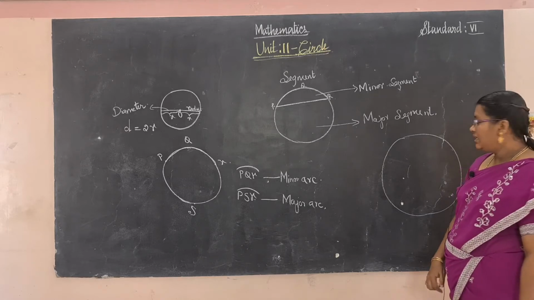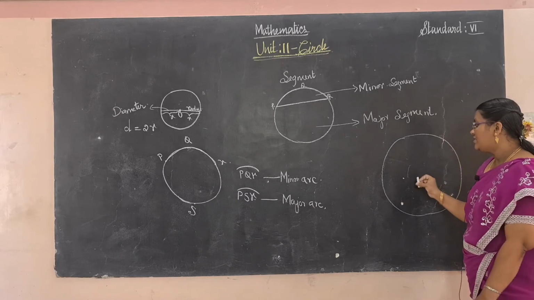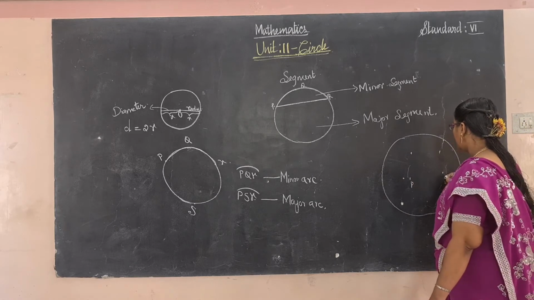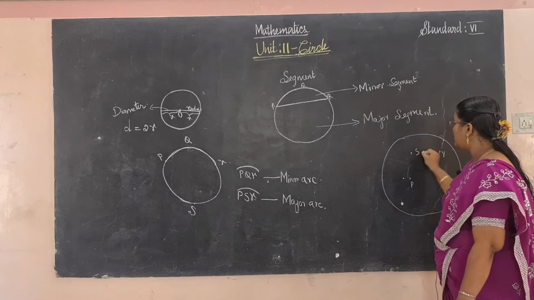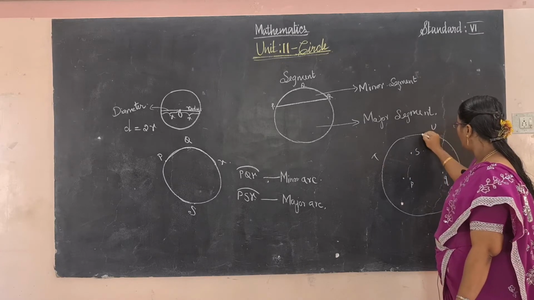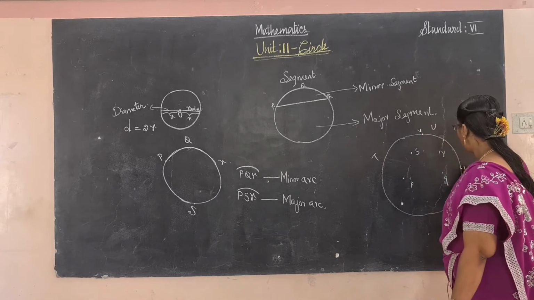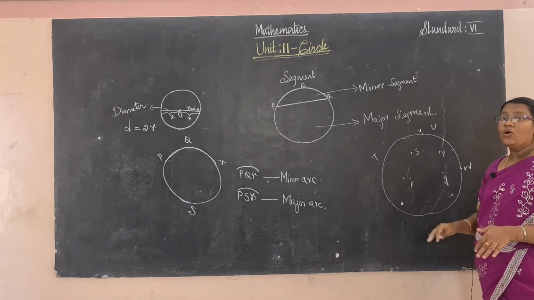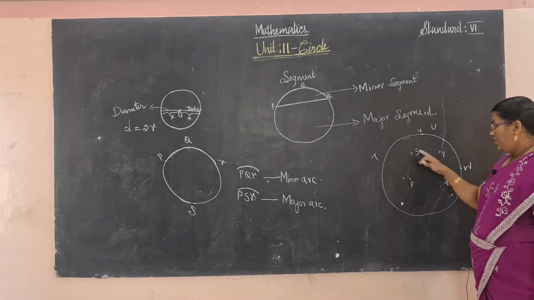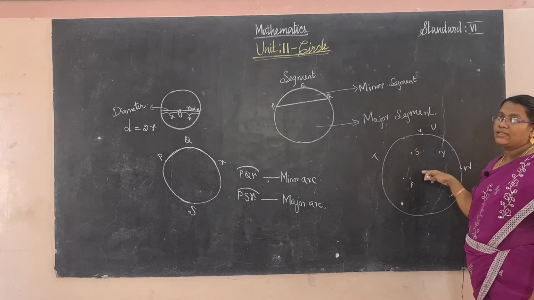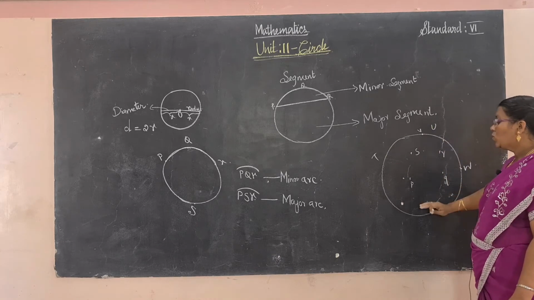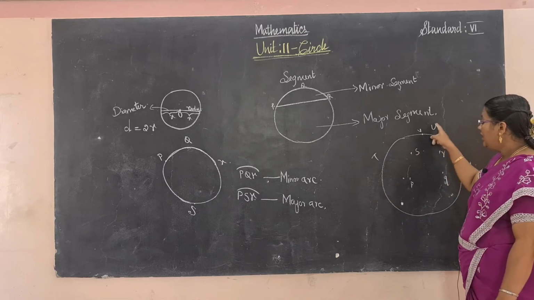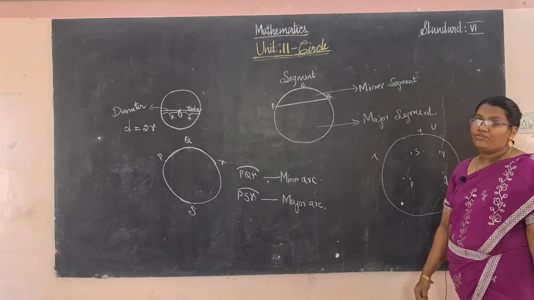The points lying inside the circle, P, Q, R, S, are called the interior of the circle. The points lying outside the boundary, T and U, are called the exterior of the circle.